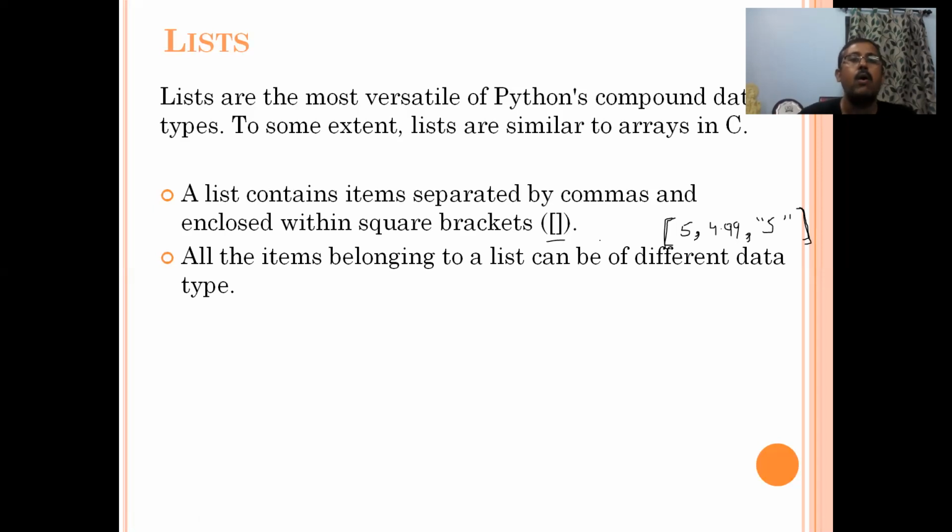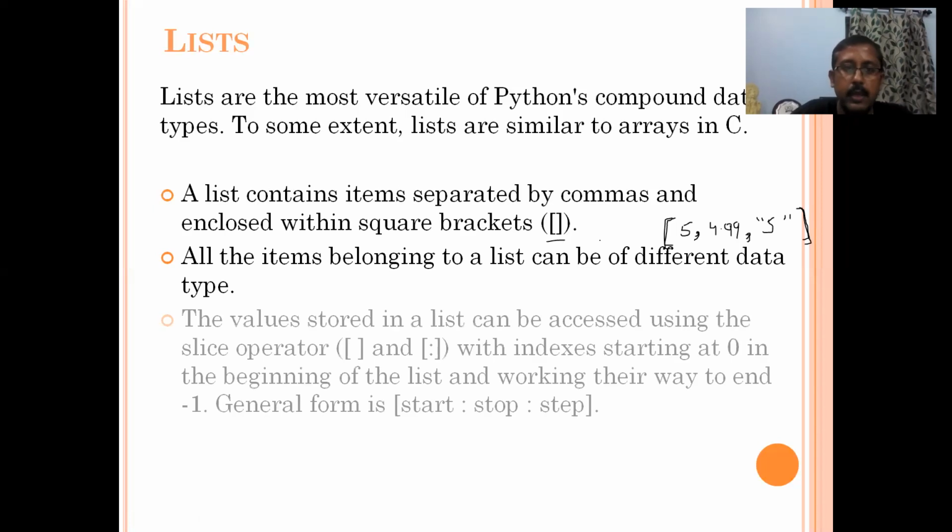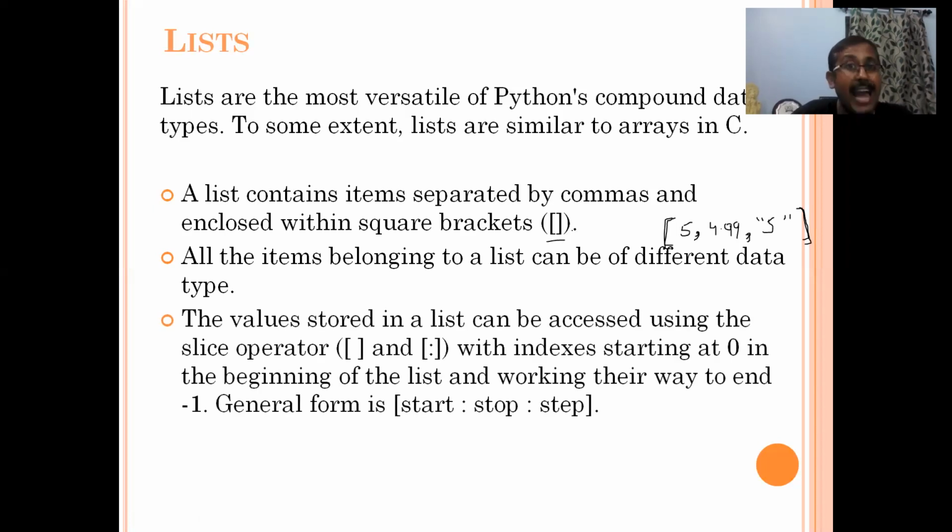All the items, as I talked about, can belong to different object types or data types, right? And when you want to access the elements in a list, you can do it in the same way as you did in the case of a string. You can simply use the index of a particular element to access that element.